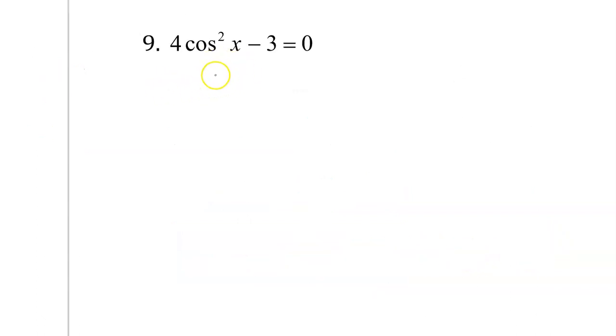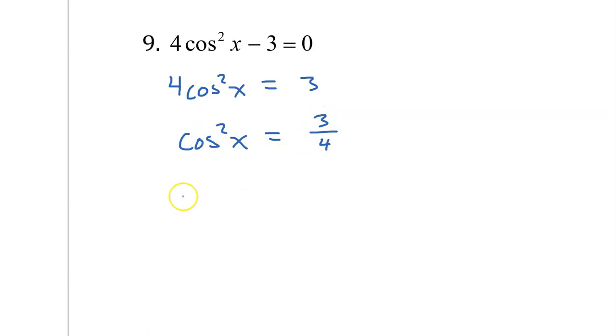Number 9 is not a multiple angle problem, so let's knock it out quickly. Adding 3 to both sides gives us 4 cosine squared x is equal to 3. Dividing both sides by 4 gives us cosine squared x is equal to 3 over 4. Taking the square root of both sides gives us cosine x is equal to plus or minus the square root of 3 over 4.